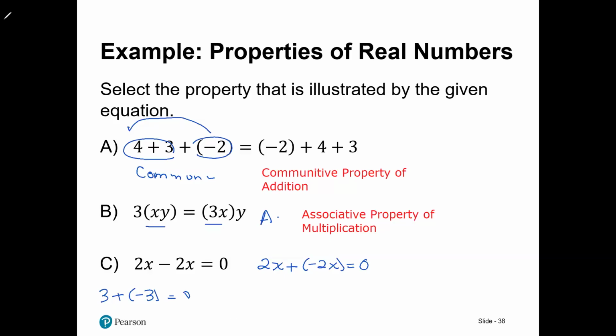So what we have here is the property where we find an inverse. This is an inverse property, and we got subtraction or addition as we changed it to, so inverse property of addition.